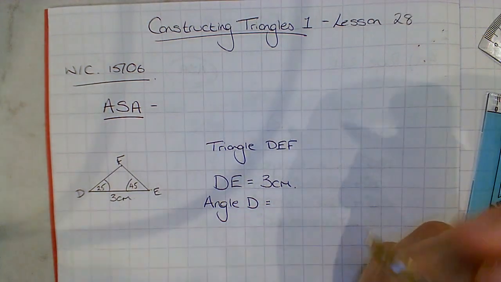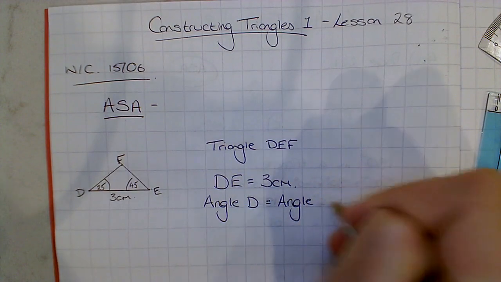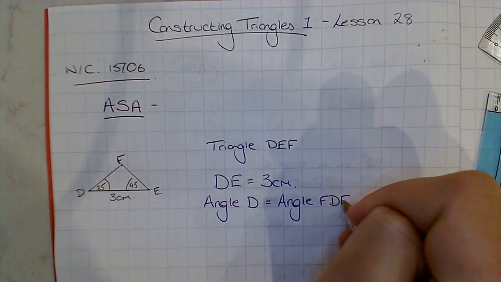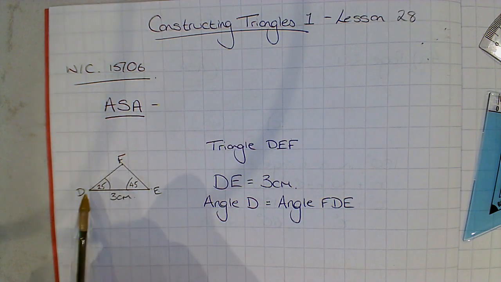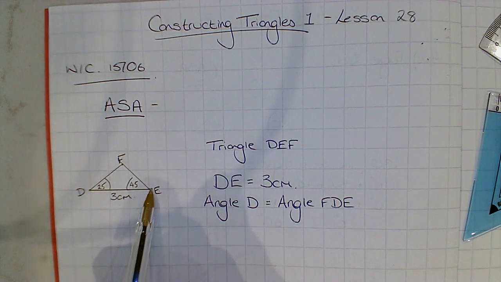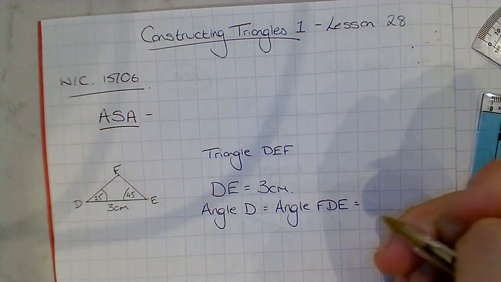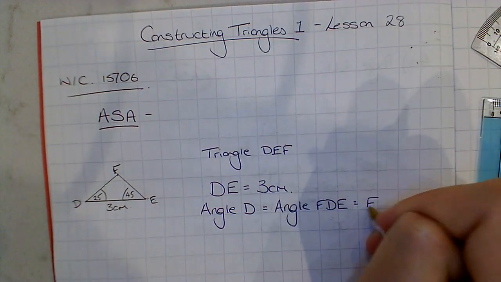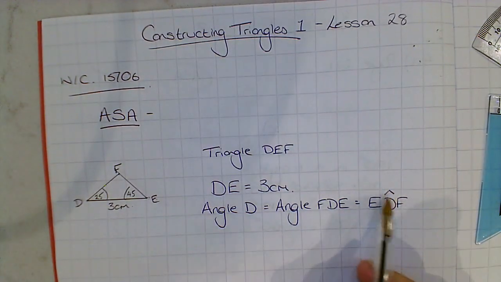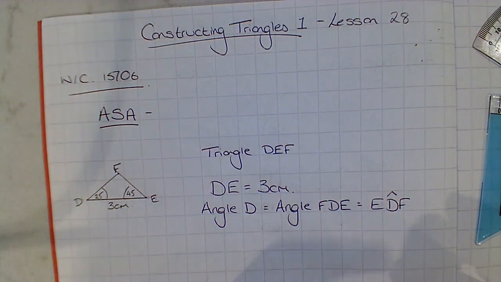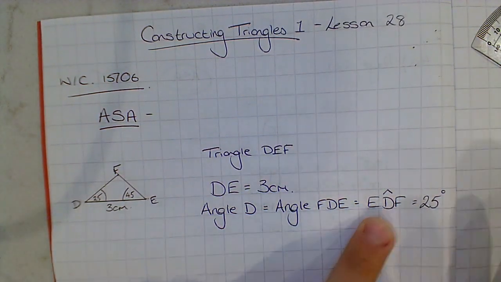Later on in school you will have to use things like angle FDE. Okay, so it just goes from vertex F to D to E, and that would be that 25 degrees there. Or, if we're feeling a little bit lazier, we could say EDF and stick a little hat on the D. Okay? And we know that is equal to 25 degrees.